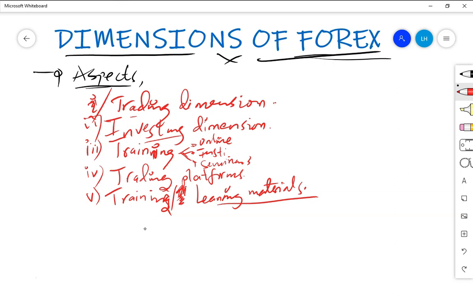Don't concentrate on one aspect of trading that is mostly considered by many people who enter this industry. You can have a wide understanding of those dimensions and choose maybe 2 or 3 dimensions, or 1 dimension, and then concentrate on it.